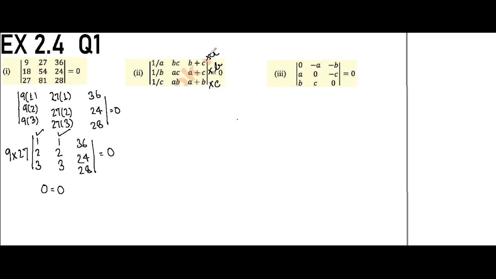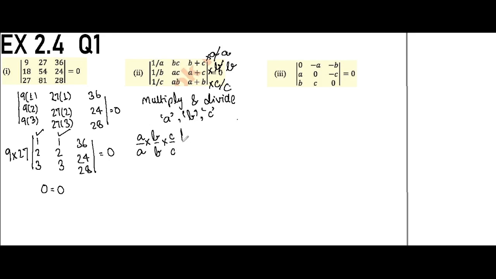But first of all, see that when I do this, I cannot just multiply A, B, and C as I've written. I will also have to divide it to balance the entire equation. Okay, here comes C. Now we are going to multiply and divide A, B, and C. So we have A by A into B by B into C by C with this entire determinant matrix over here.